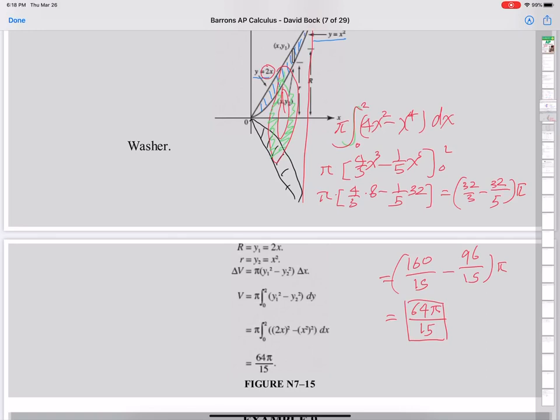Find A(x), the cross-section area in terms of x, and the integral from a to b of A(x) dx is going to be the volume. What about washers? The cross-section shape is a donut shape, so the bigger circle's area minus the smaller circle's area. Then the integral from a to b of A(x) dx is still the volume.